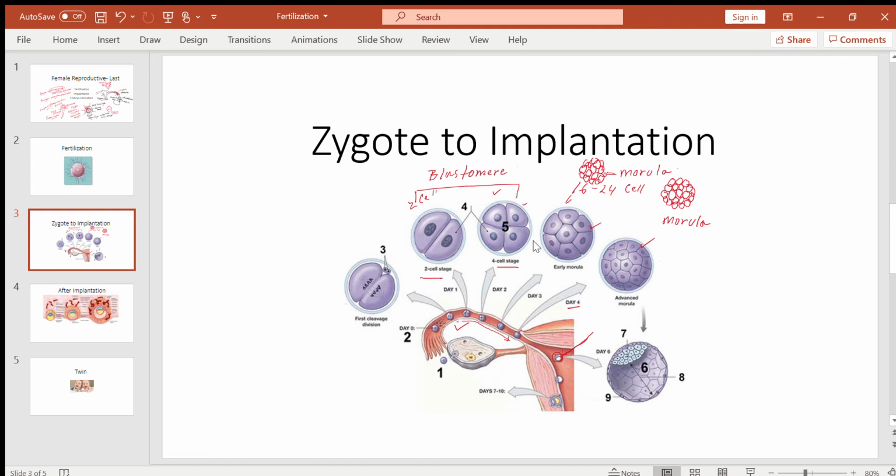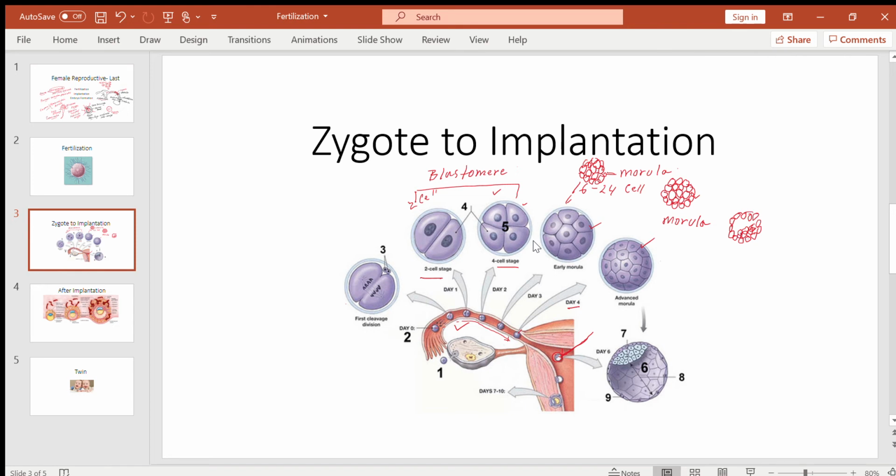So after that, what happens, inside this morula a cavity is formed. So morula is a solid ball, right? So what happens next, a cavity is formed inside the morula.